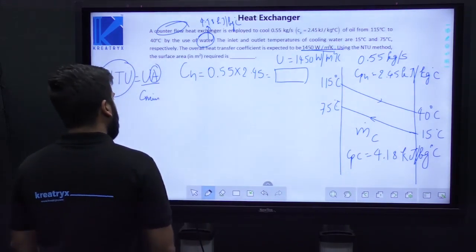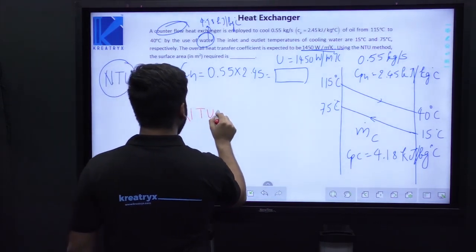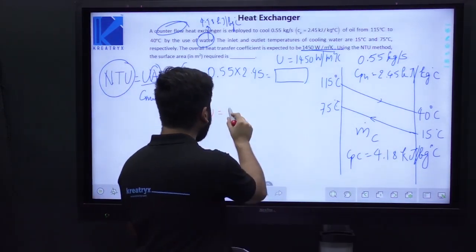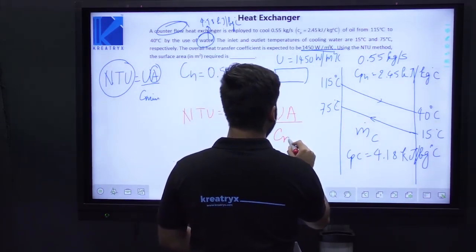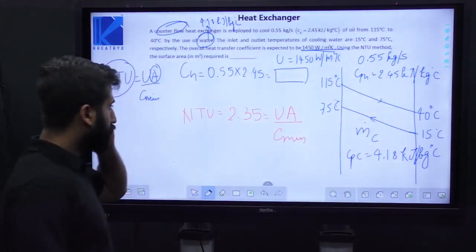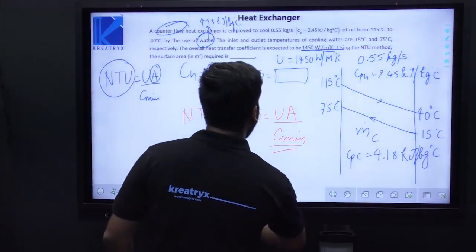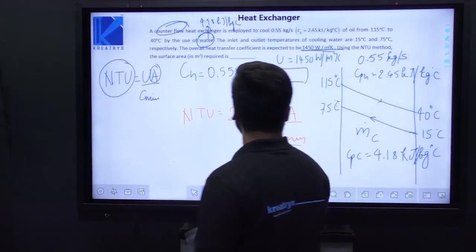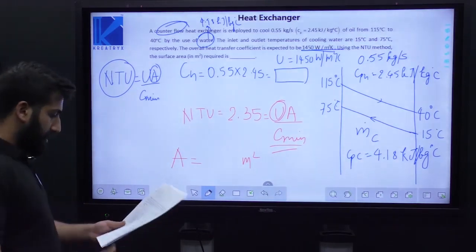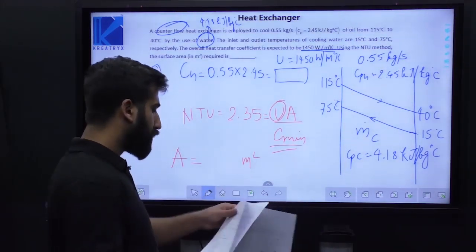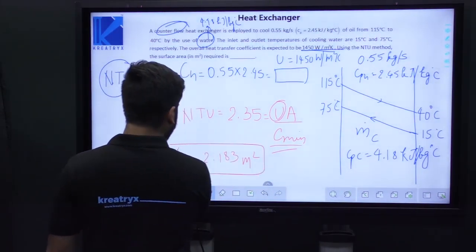So when you solve it, NTU will be equal to 2.35, and that is equal to UA by C minimum. I found out C minimum, and 1450 is the overall heat transfer coefficient. You can get the required area in meters square. So the answer to this question is 2.183 meters square. That's the answer.